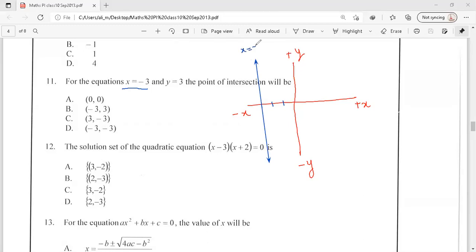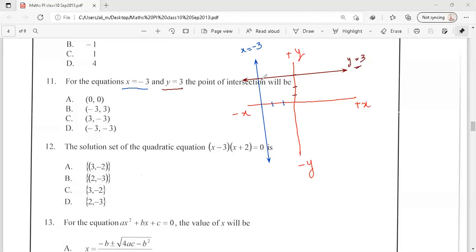This is parallel to the y-axis. Similarly, let's draw the other line, that is y equals 3. So this is y equals 3. So plus 1, plus 2, and plus 3. So if we draw this line, this is our line, that is y equals 3.